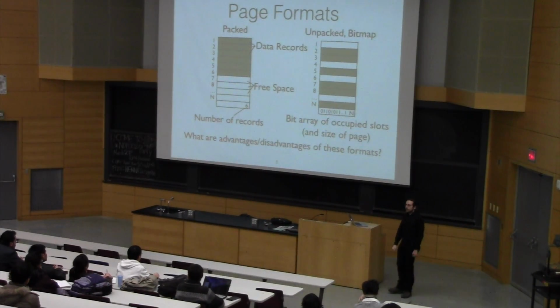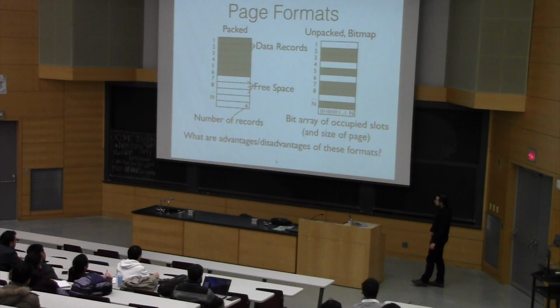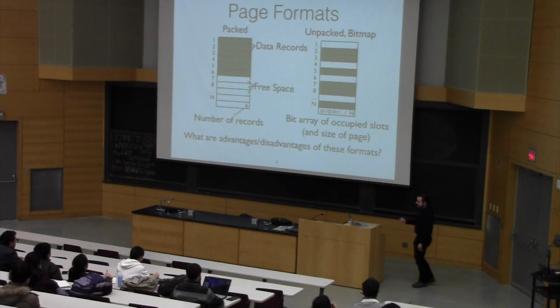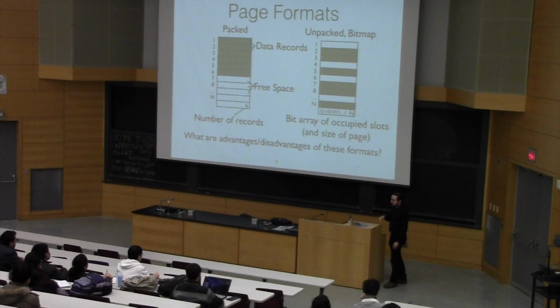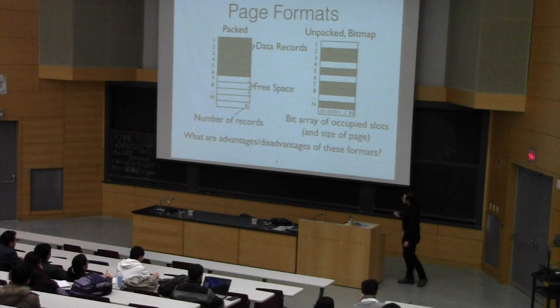That's a real pain if we're expecting these records to be in sorted order, because it means we have to move everything. Same thing if the records are of variable size. On the other hand, it's nicely packed, everything is in one place, and we don't have to waste a lot of space keeping track of where the free space is.